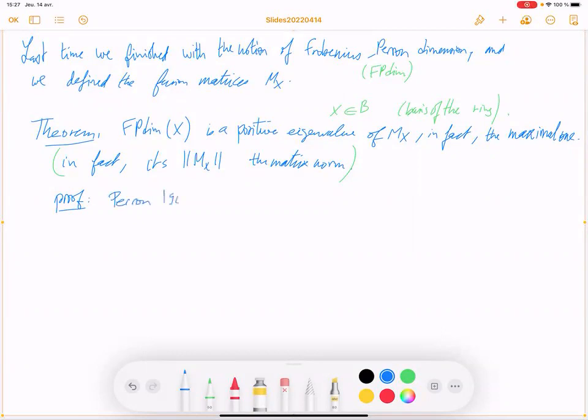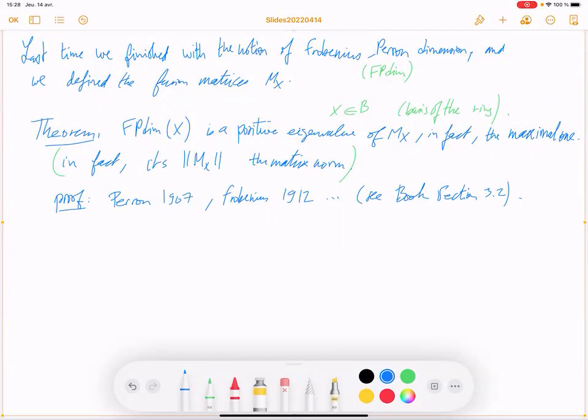This is due to Perron in 19, find this date, and Frobenius 1912. If you want to see the details, see the book, section 3, details about that.